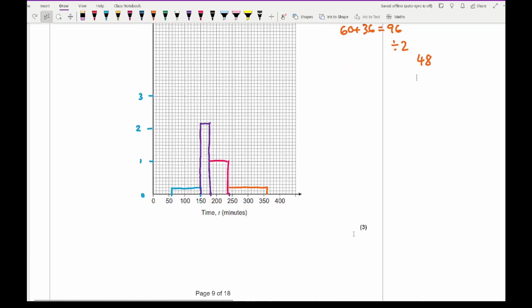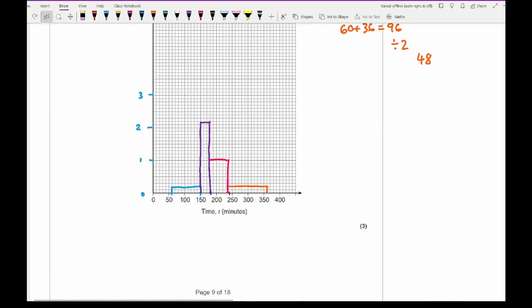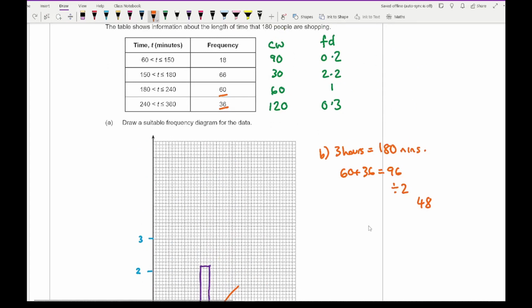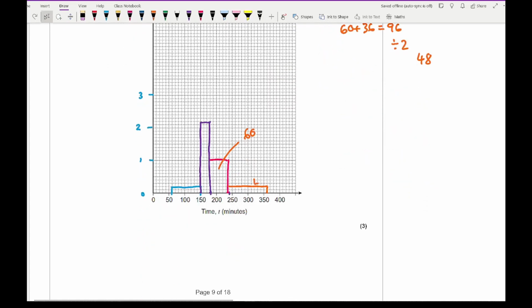So then I need to work out the area of 48 from these 2 bars. Now this particular bar here contains 60 people, and this 4th bar contains 36 people. So I know that my median value is going to be in this first bar. I want that bar to have 48 people.